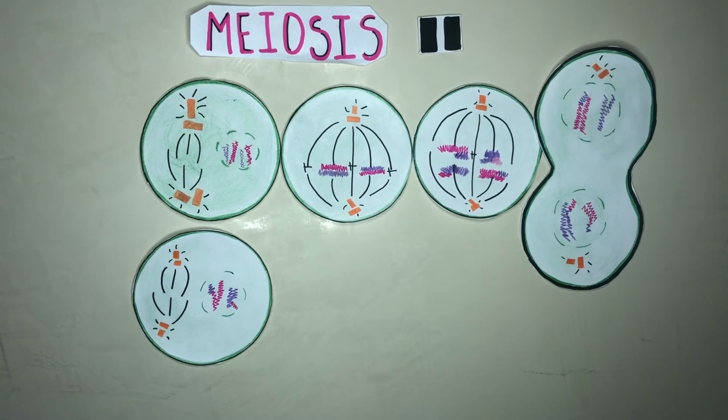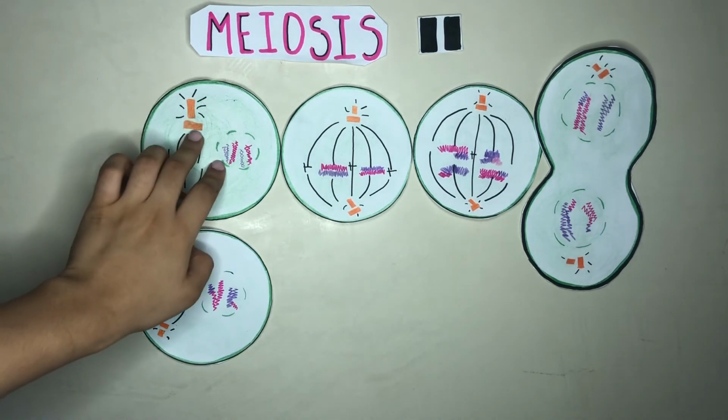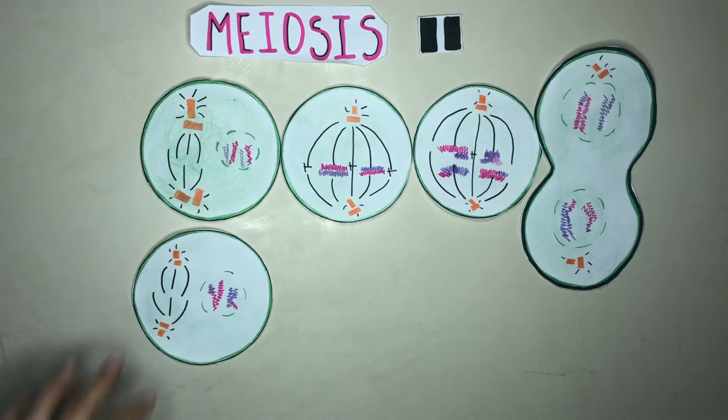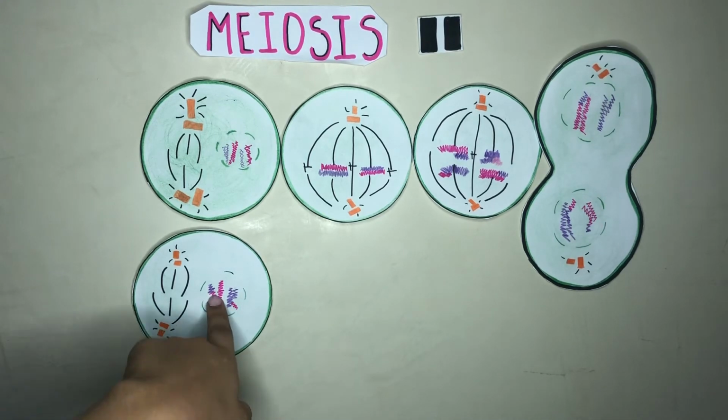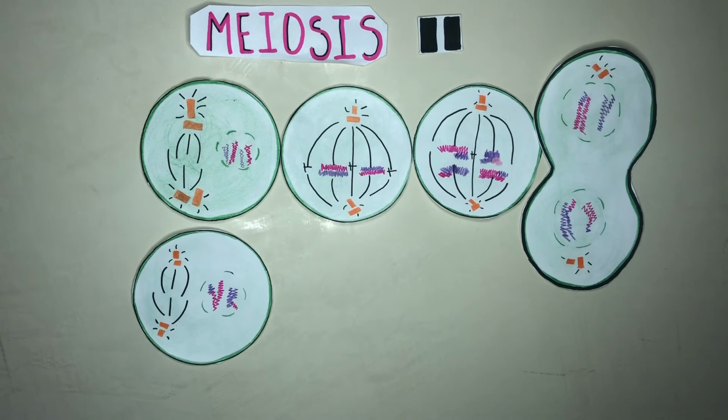Here the starting cells are haploid cells made in meiosis 1. In this phase, the chromosomes condense. We can see that here the colors are separated, pink and purple, and here they condense. The pink has a little of purple and the purple has a little of pink.